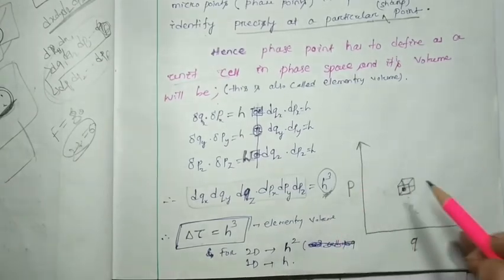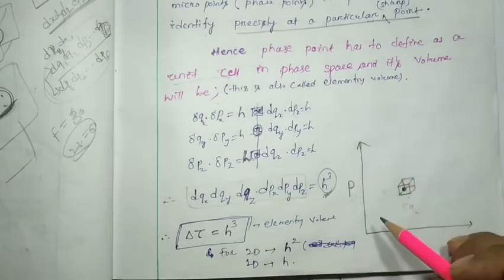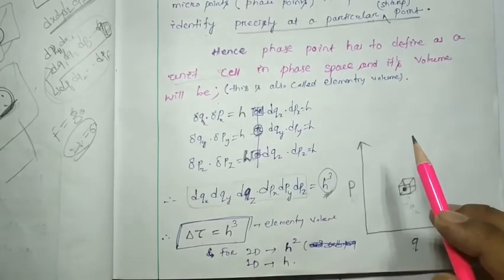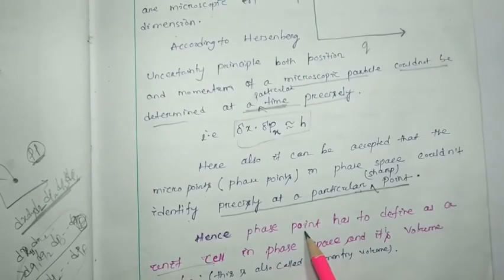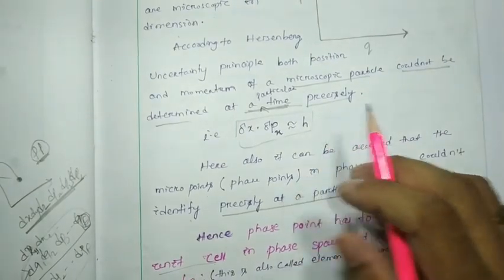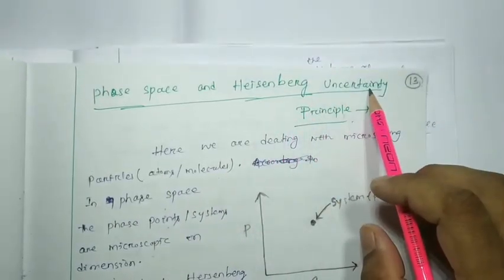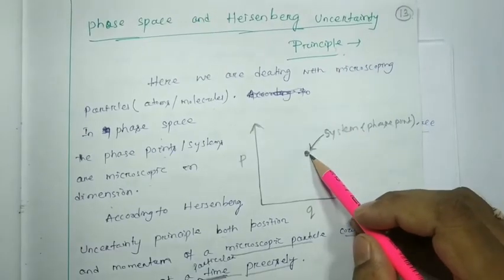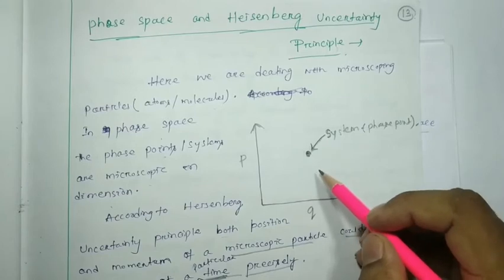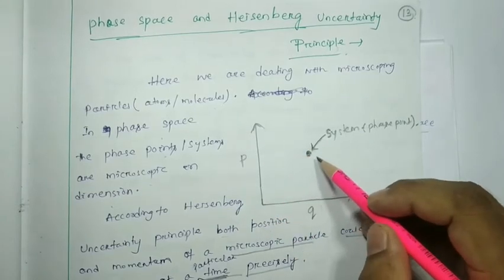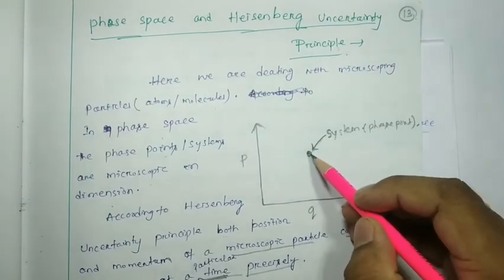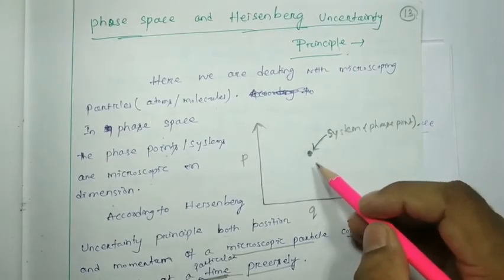In the momentum space, the volume in which the phase point is going to be found. That means the Heisenberg uncertainty principle tells us that a phase point is not exactly located in phase space, but its uncertainty lies in a small, infinitesimal volume.